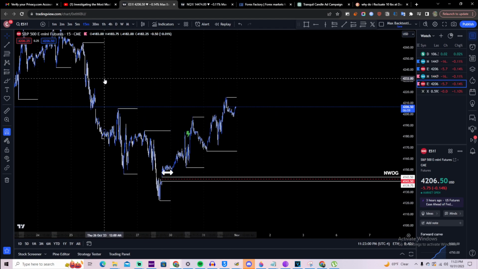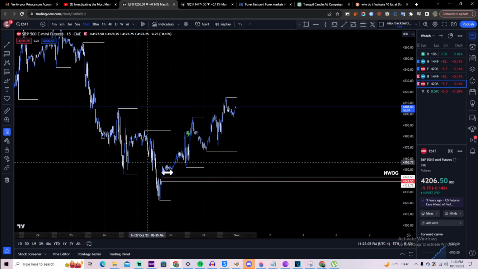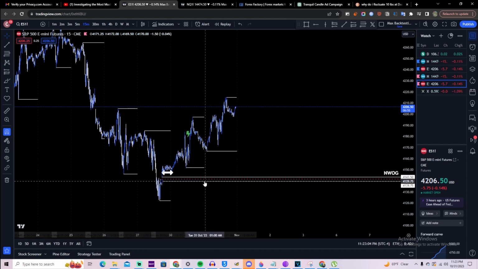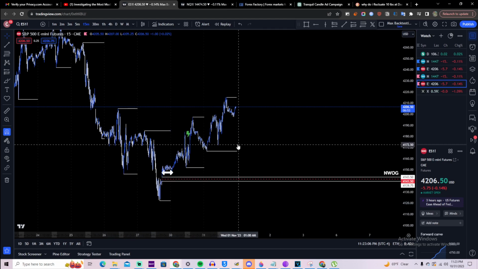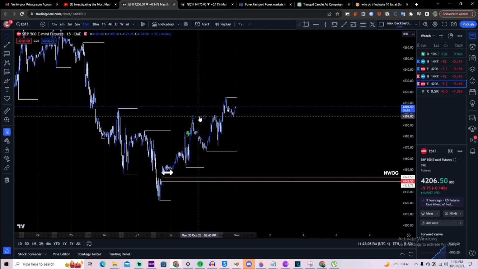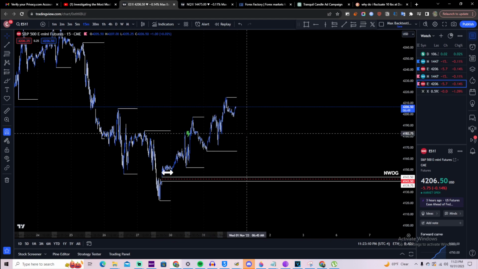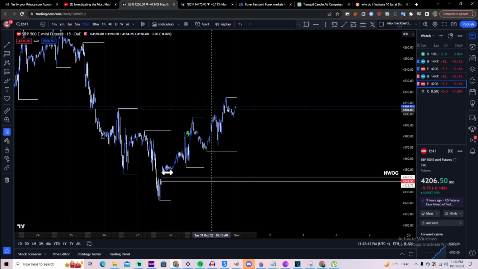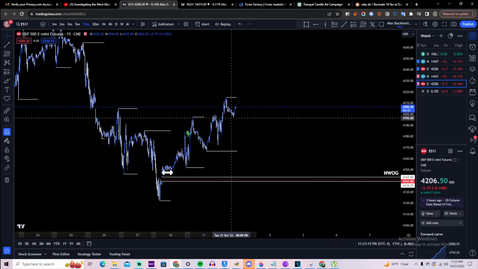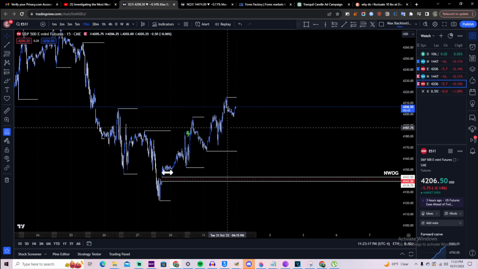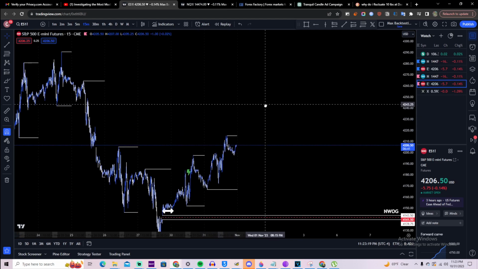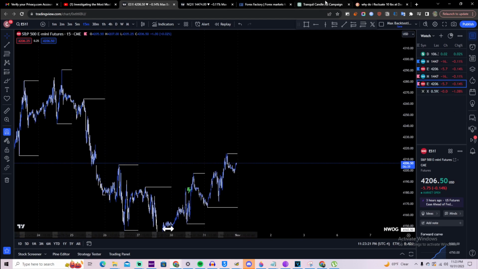We're seeing the same pattern. When I say pattern, I'm talking about we create a low, violate the previous day's high, create a low, violate the previous day's high. So we can anticipate price to trade back into this impulse leg before continuing higher to some of those other objectives.